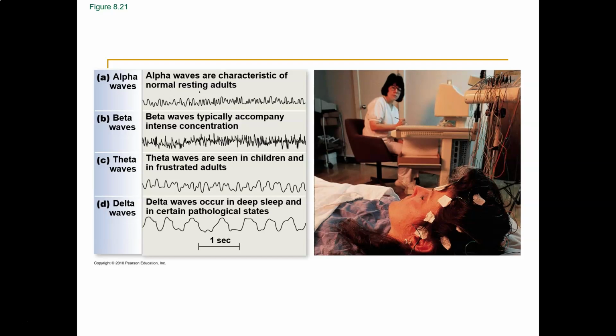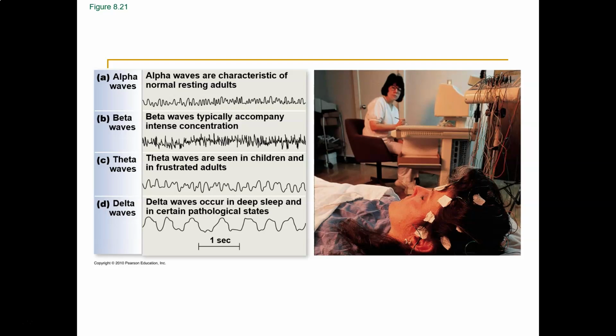Alpha waves are usually what are recorded when people are resting, relaxed, or maybe right before you're drifting off to sleep. You would normally record alpha wave activity. Beta wave activity is what hopefully you have right now. This is when you're focusing, concentrating, your most awake, focused self.